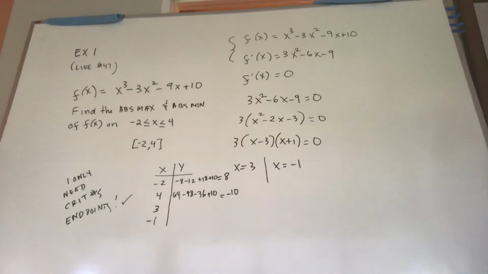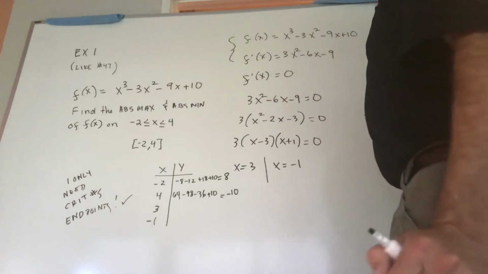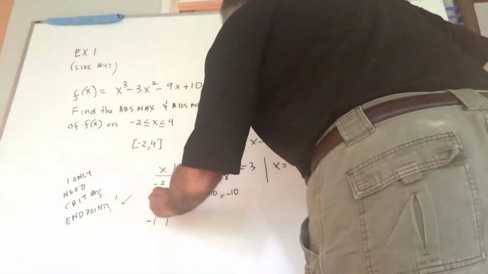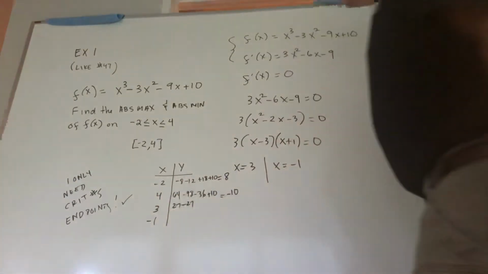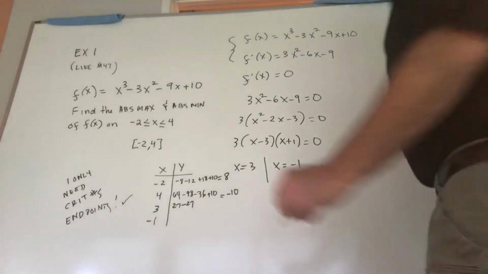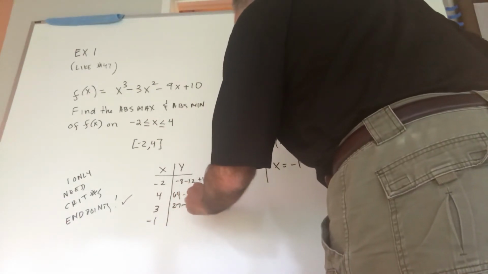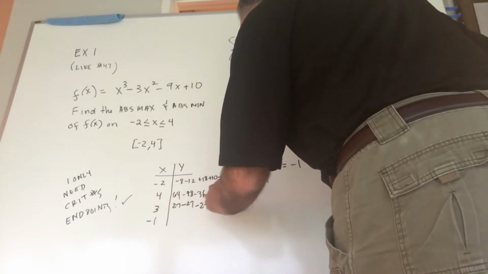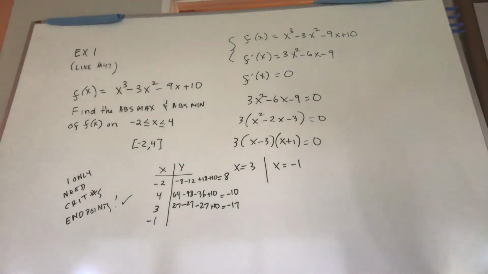For some of you, probably good at adding stuff up, it's easy. Then 3: 3 cubed is 27, so you get 27 minus 27 minus 27, plus 10, which is negative 17.